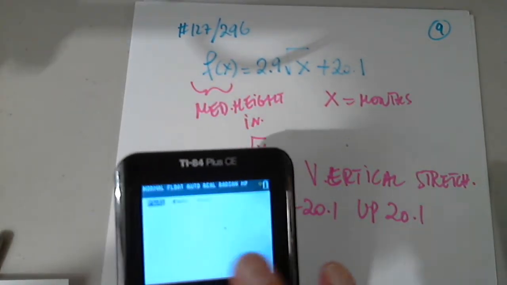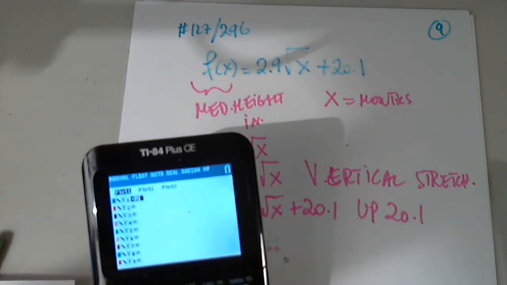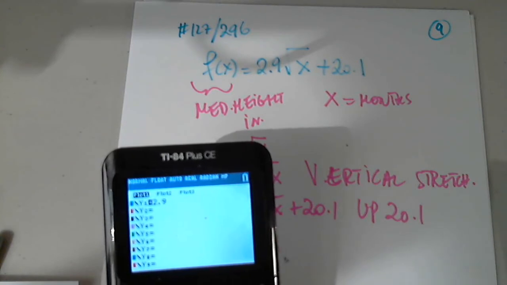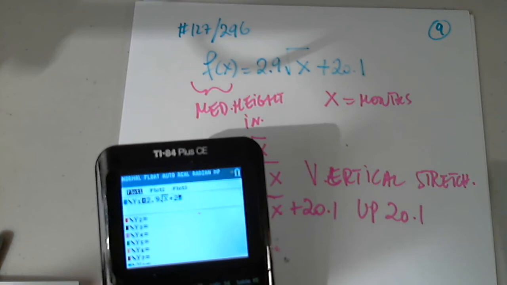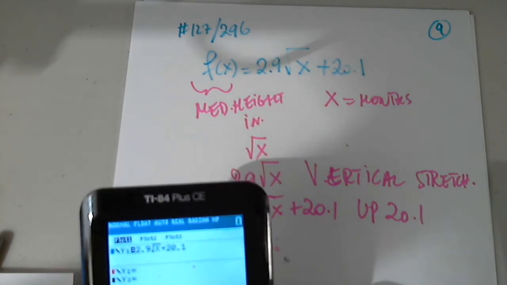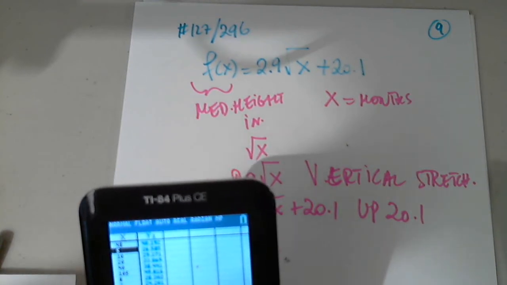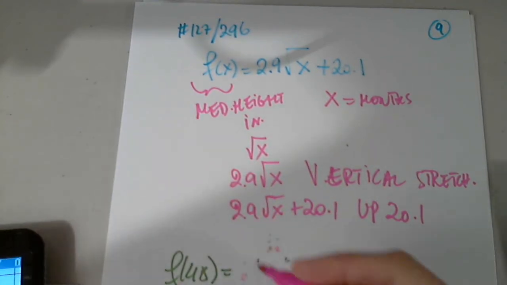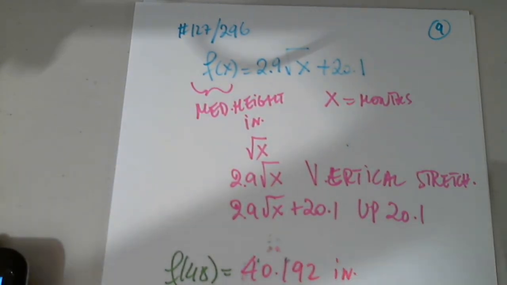I recommend let's put it in y equals 2.9 times the square root of x plus 20.1. With the second and table, I would plug in 48 months and I get 40.12, 192, sorry, 192 inches.